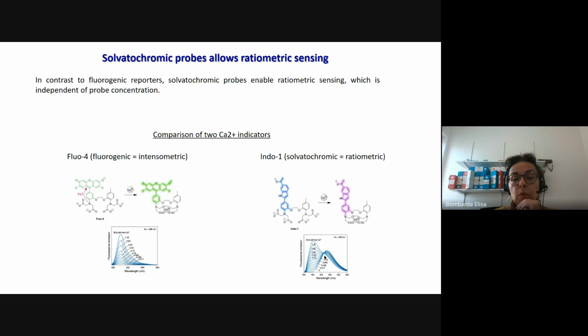And so in this case, you can also overcome problems due to an incomplete labeling. That means that you may have the sensitive part that is not labeled with the probe, and that doesn't provide signal. In the intensiometric probe, that would mean that calcium is not bound to the coordinating part, but instead that's not true.